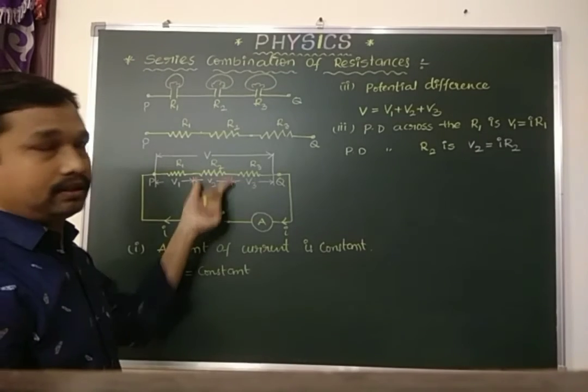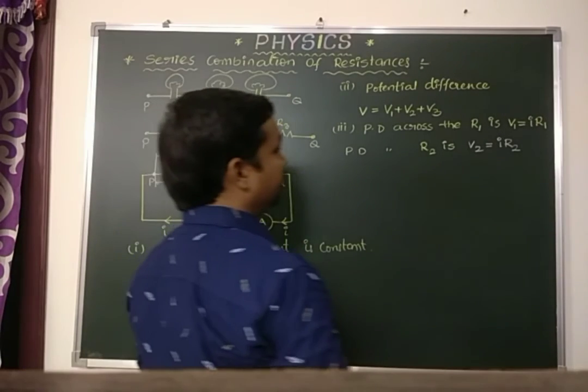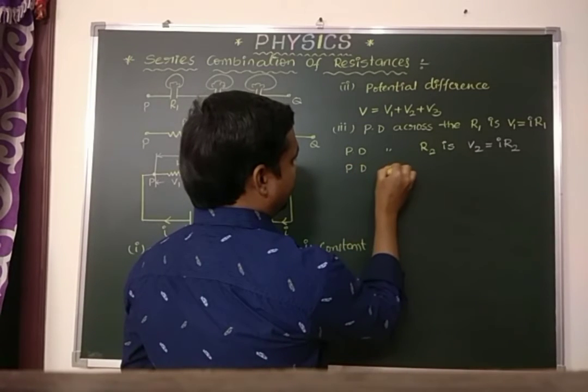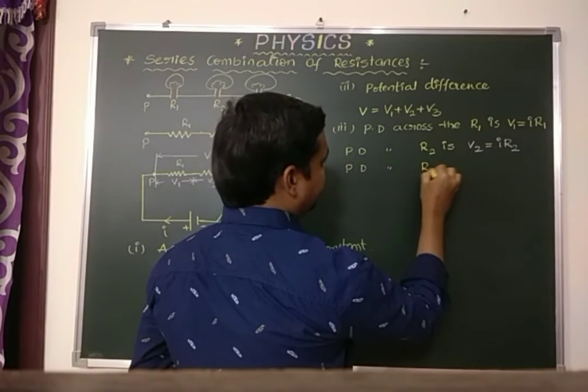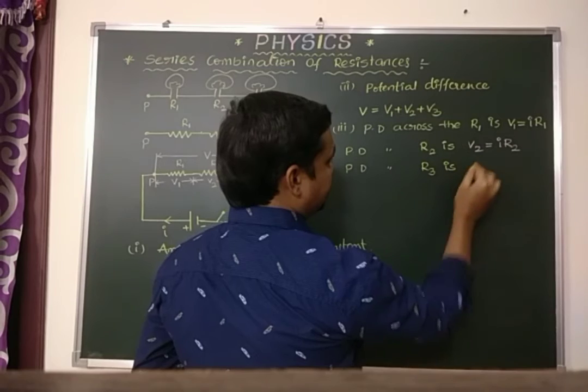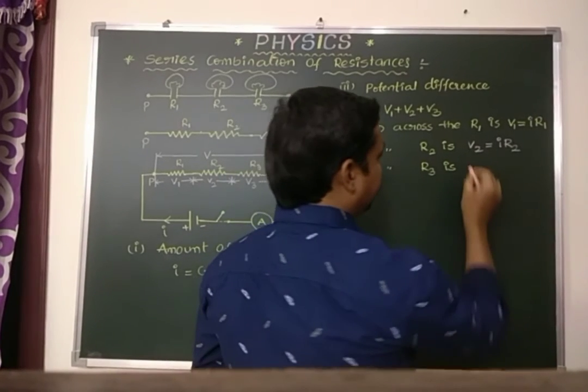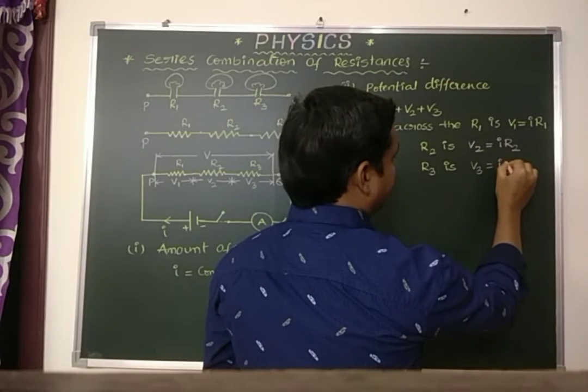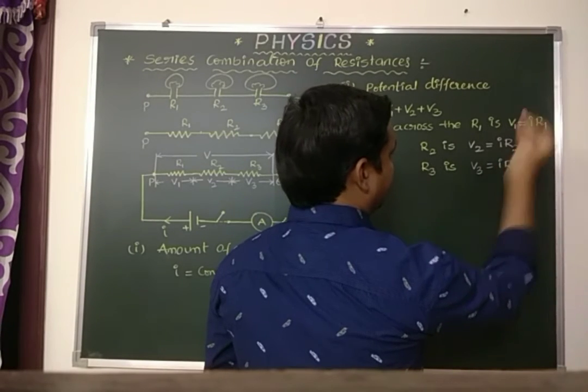Similarly, the potential difference across the resistance R3 is V3, and V3 equals I R3.